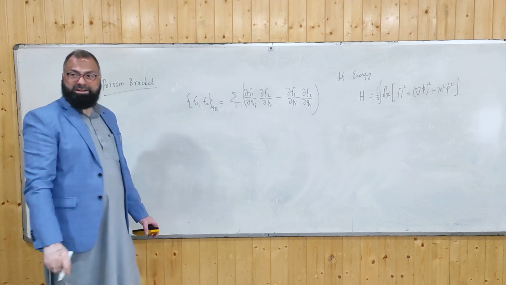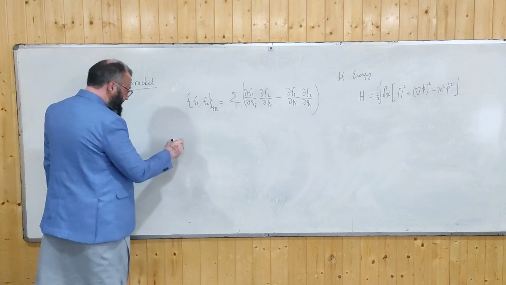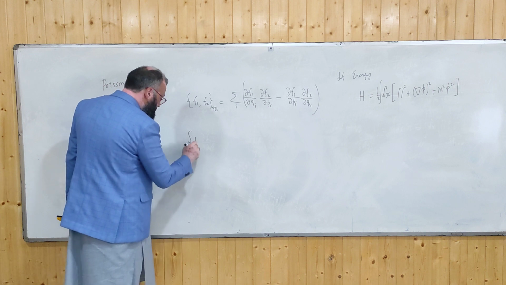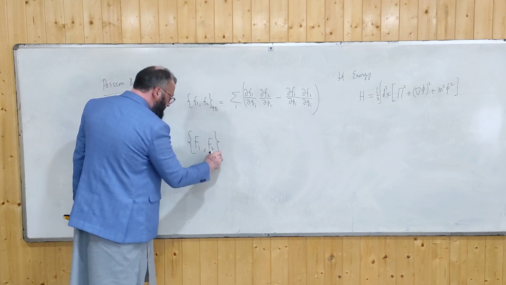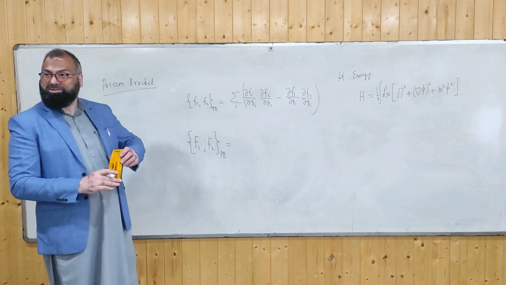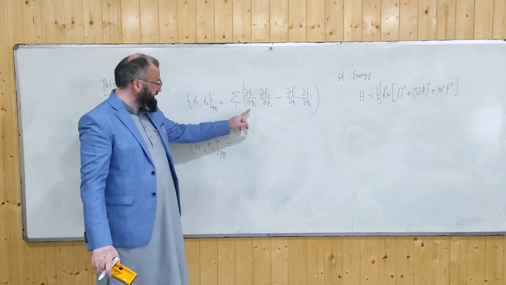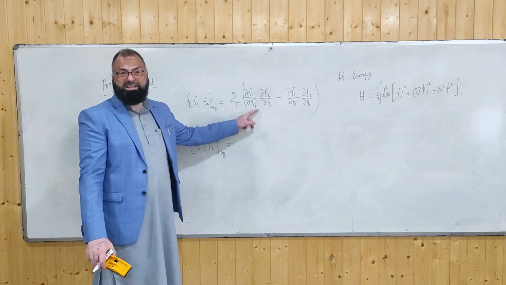Clear? Now instead of functions, what do you have? Functionals. So how do I define it? Let's say you have two functionals, f1 and f2, and you have to define the Poisson bracket. Now look, it's simple. What is the index that is summed over? i. It's a discrete index.